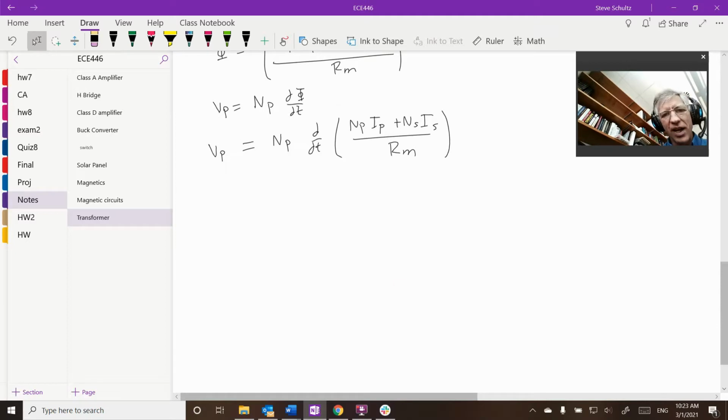So this is going to be equal to my magnetizing inductance times d(i magnetizing)/dt.